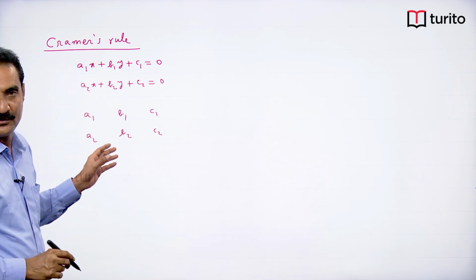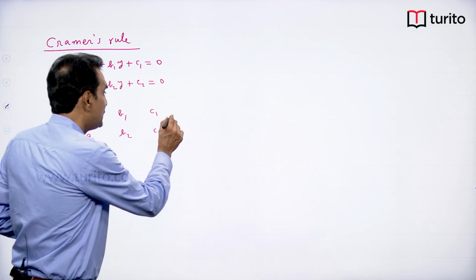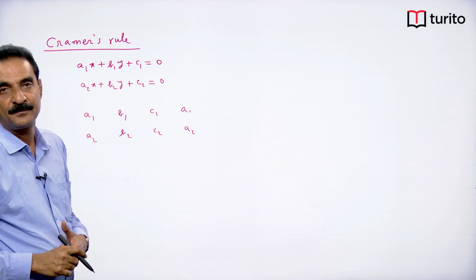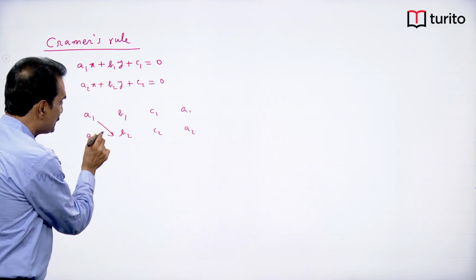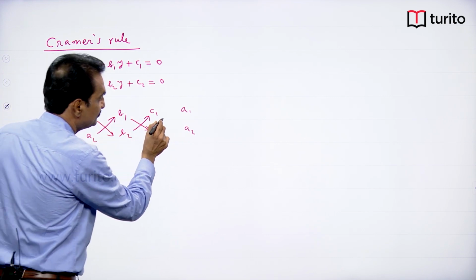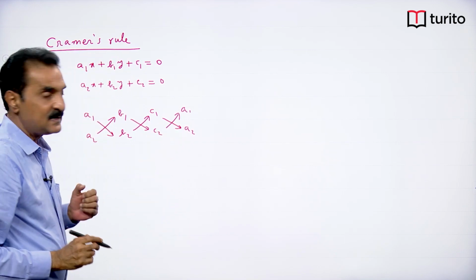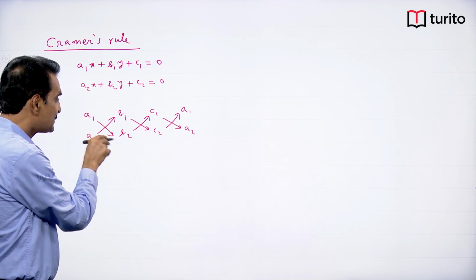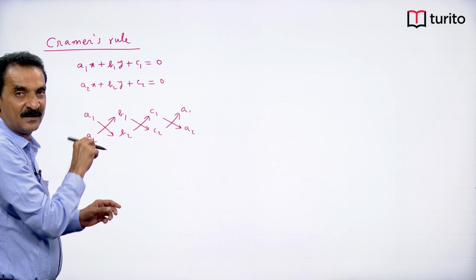After writing, you repeat the first coefficients, that is a1, a2. Now take arrows like this. Then what is this? This is called determinant, a1 into b2 minus a2 into b1.